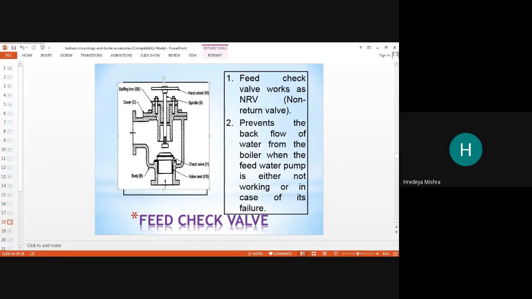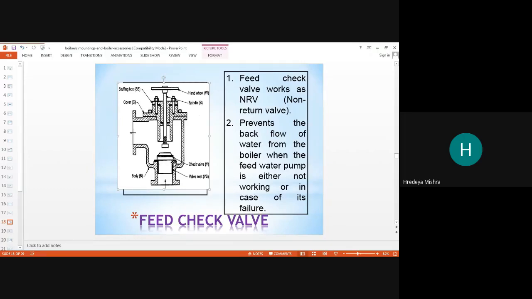We can supply the water, and if the feed water supply pump is not working or has failed for some reason, the water of the boiler should not drain away. To prevent the draining away of the water, this feed check valve is used.